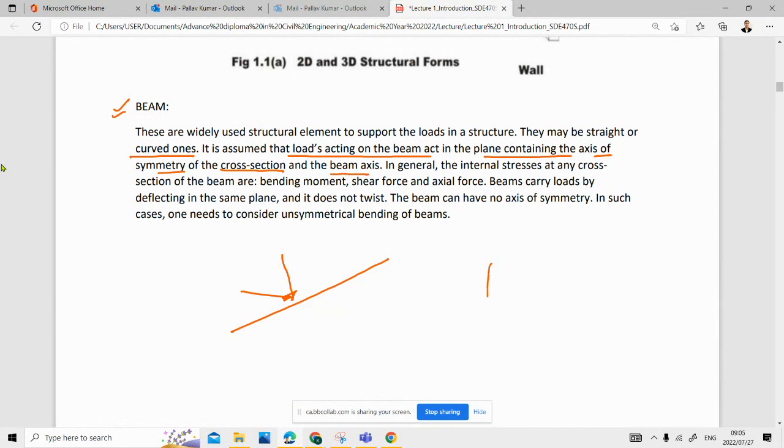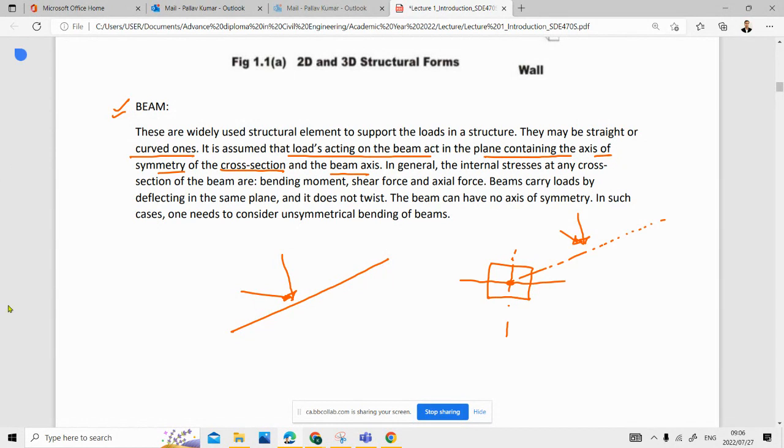So if you draw your beam like this, and you draw the center of it, now you have the beam axis. The load which acts vertical or inclined to this axis is nothing but your beam, right?